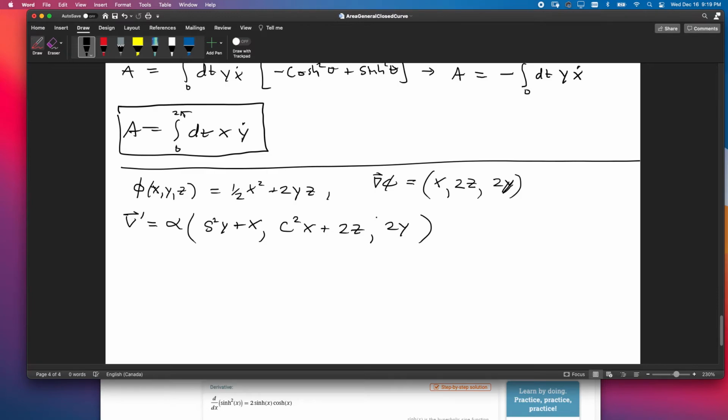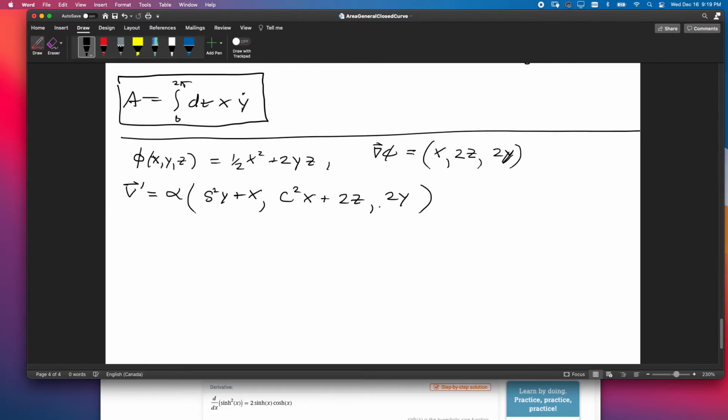And what do I want to show? So first, I want to show that the curl of v prime is equal to alpha z hat.